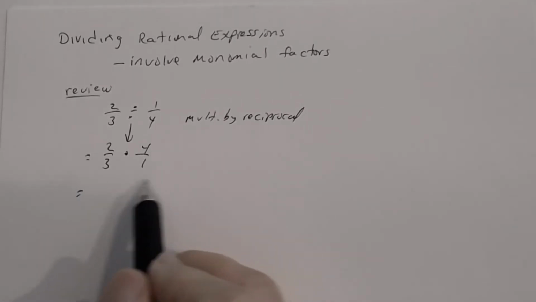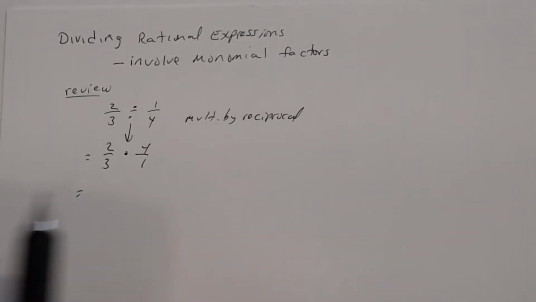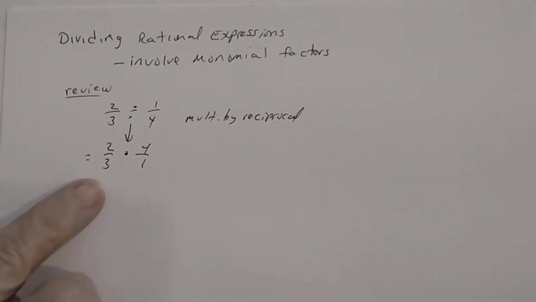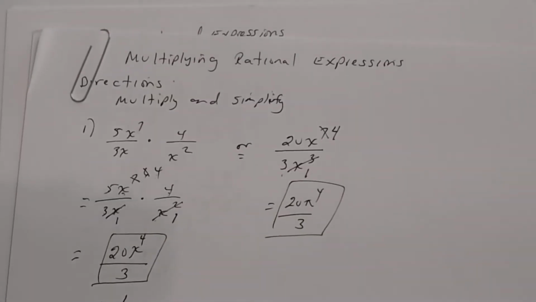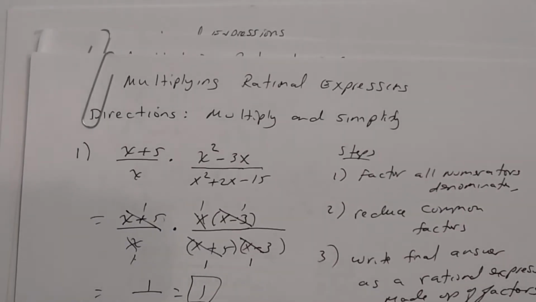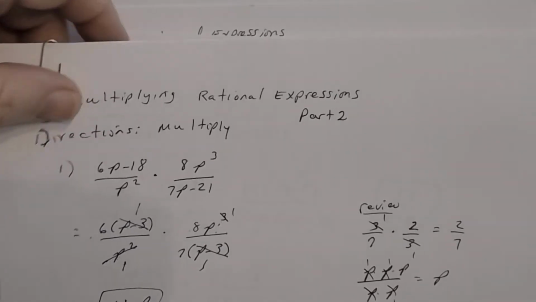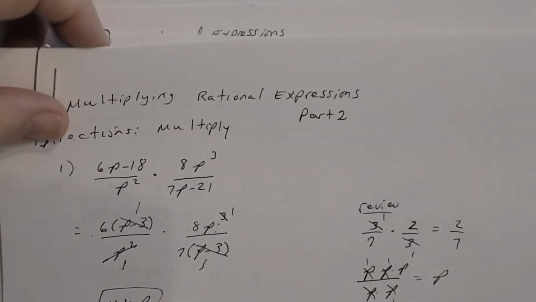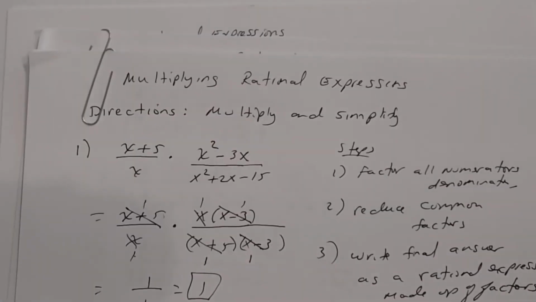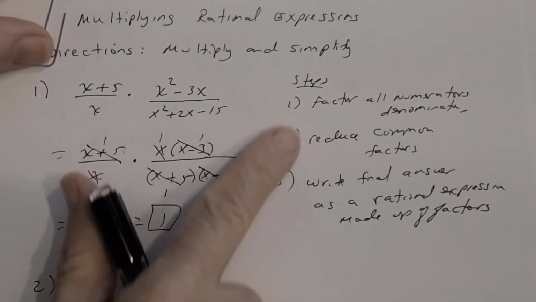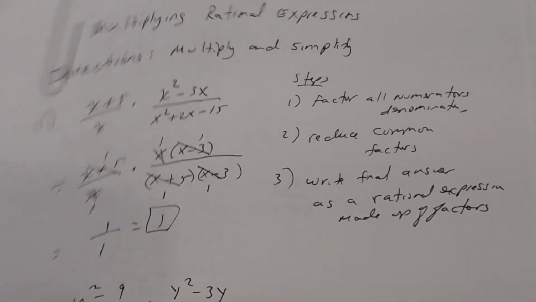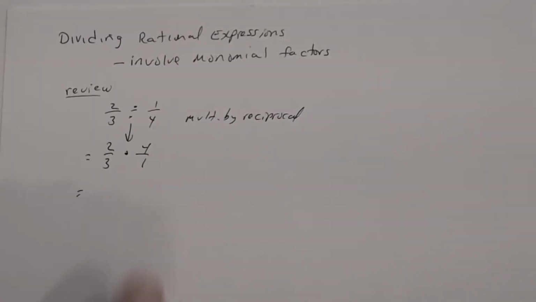The rest of this is what you've learned in the past. Once you change to multiplication, everything else becomes the same, and all the lessons you've learned will begin to apply again. You're going to follow the same steps as before.